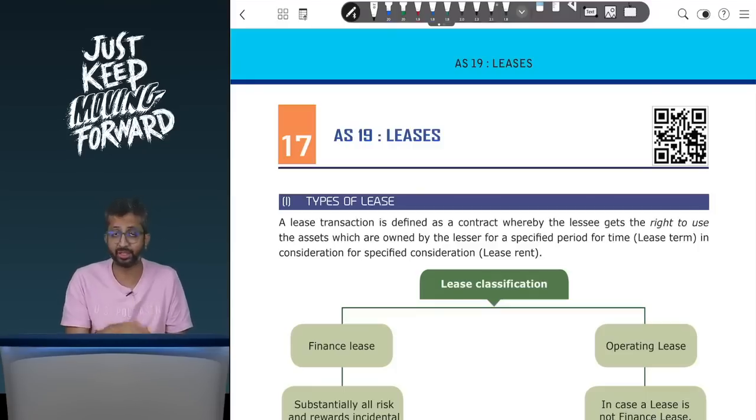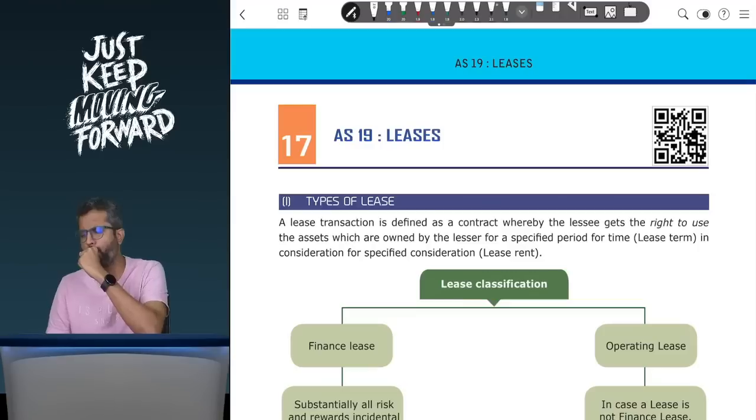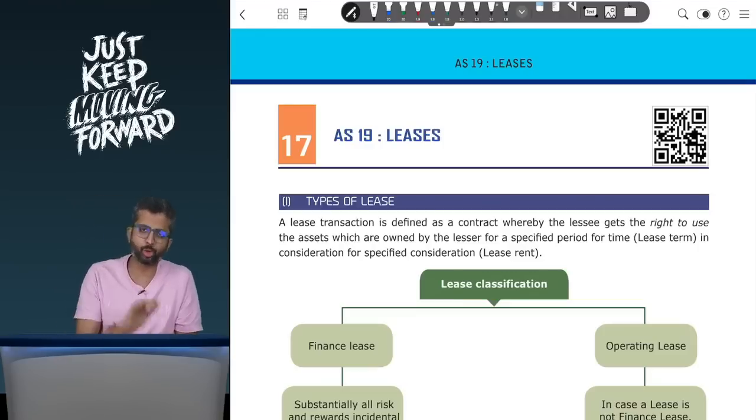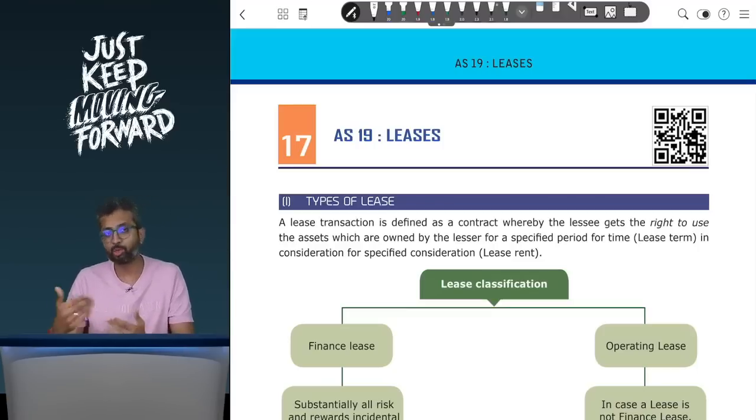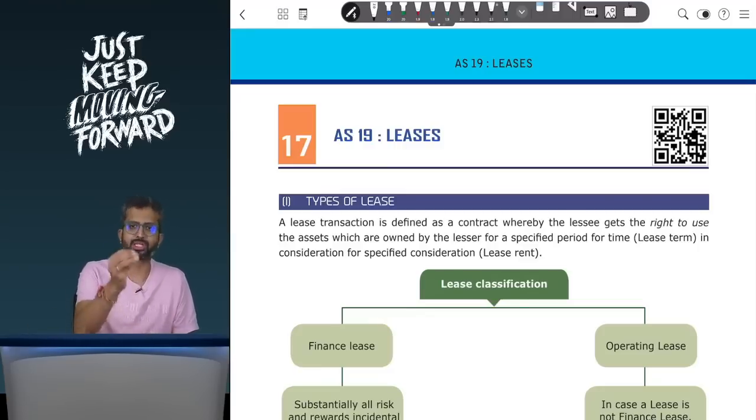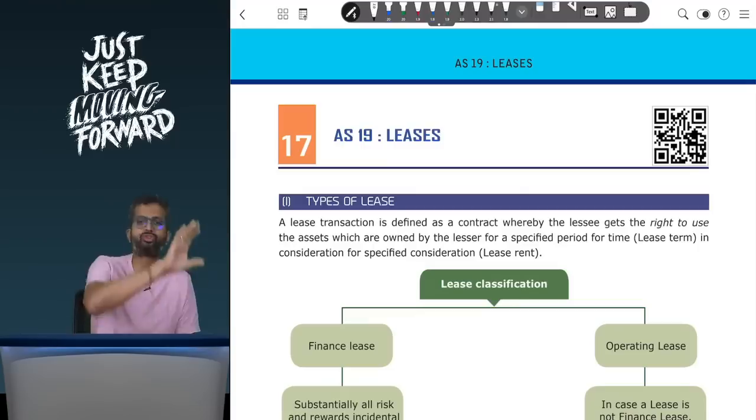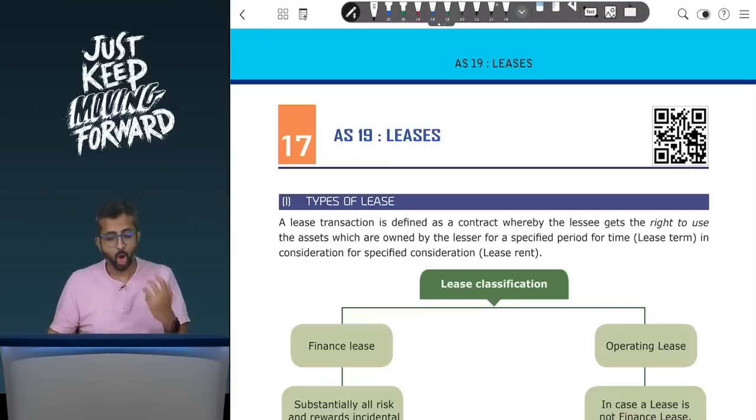Or, there is no option to transfer ownership, however the lease is for a major part of the economic life, more than 75% of the economic life, so substantially all benefits are going to be enjoyed by the lessee. Or the present value of minimum lease payments substantially covers the fair value. Or the asset is of such a highly specialized nature that it can be used by the lessee only and by no one else.